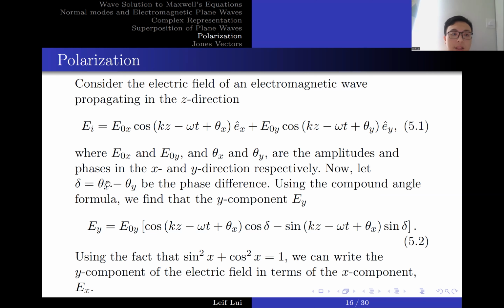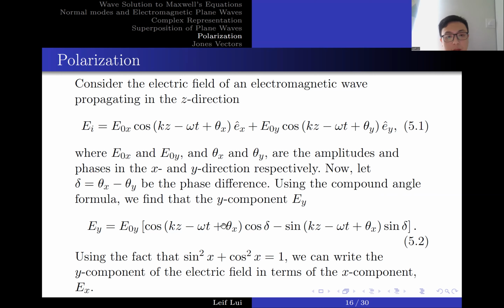Now, let us define delta as the phase difference, theta sub x minus theta sub y. So it's the phase difference between these two. Using the compound angle formula, we get the following. Using the fact that sine squared x plus cosine squared x is equal to 1, we can write the sine term as a cosine term.